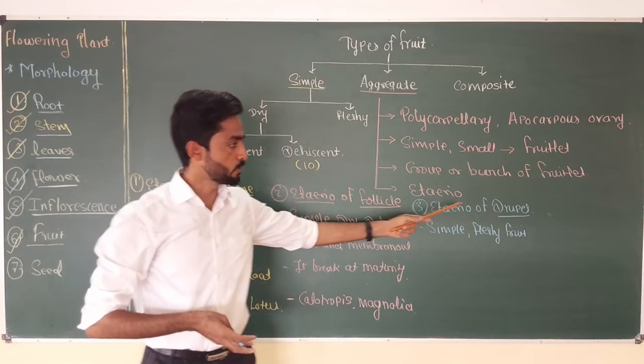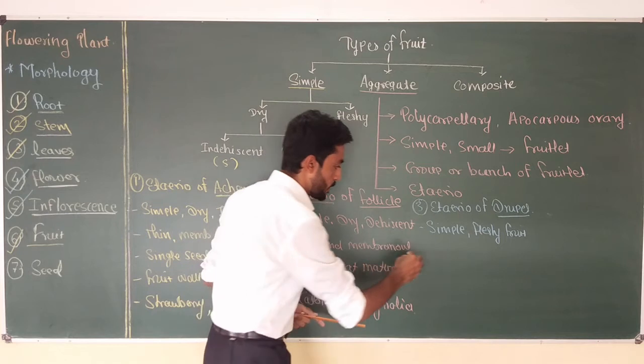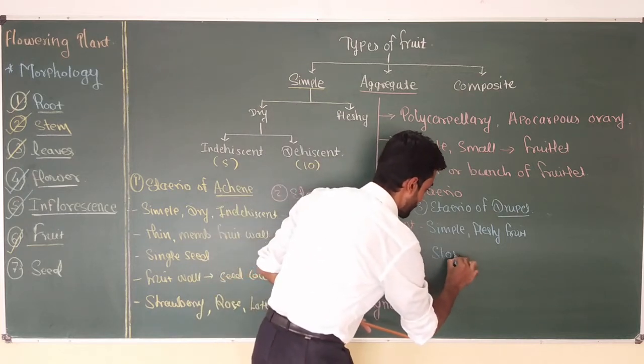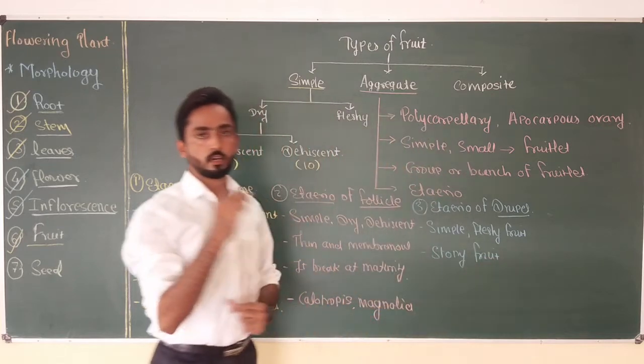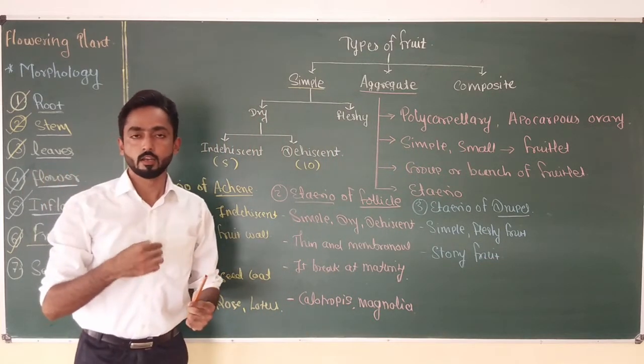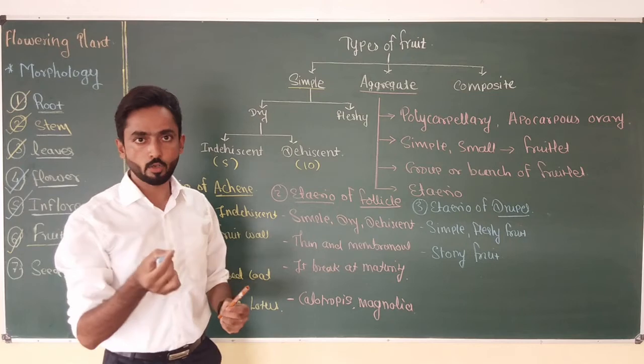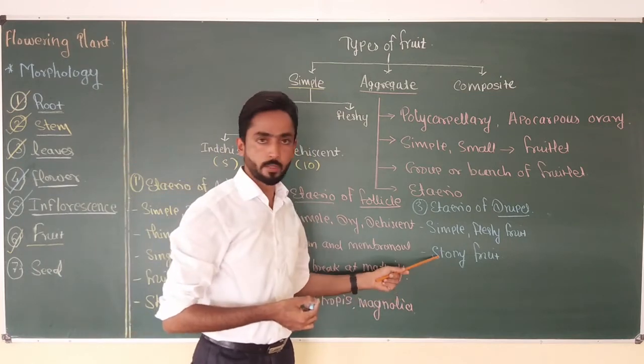So this drupe type of fruit is also called stony fruit because the inner layer of the pericarp, that is the endocarp, becomes hard and stony.